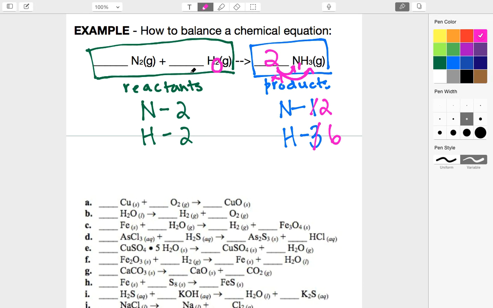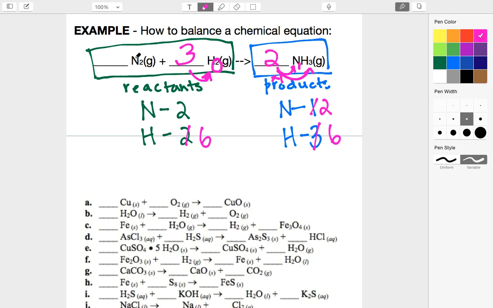So I can think of it this way: it's basically 2 times what will give me 6 hydrogens total, right? Think about it for a little bit. The answer is 3. If I take 3 times 2, that gives me 6 hydrogens total. And now both sides, my reactants and my products, are even. So my recipe is balanced, which is what I want.